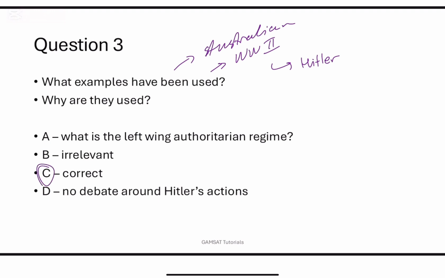So, A, draw a distinction between the motives behind invasions perpetrated by left-wing and right-wing authoritarian regimes. My first question is, what was the left-wing or the right-wing authoritarian regime? That doesn't really make sense. And also, those are quite modern words. I don't think left and right wing were used at the time.